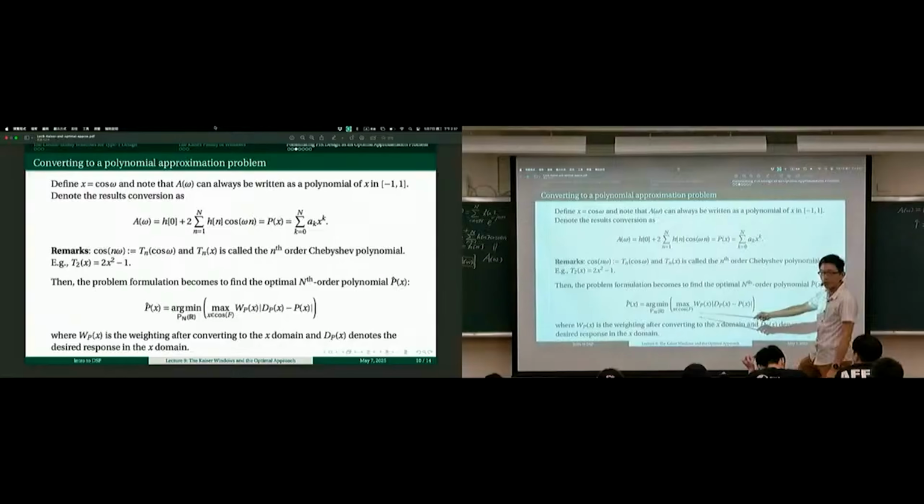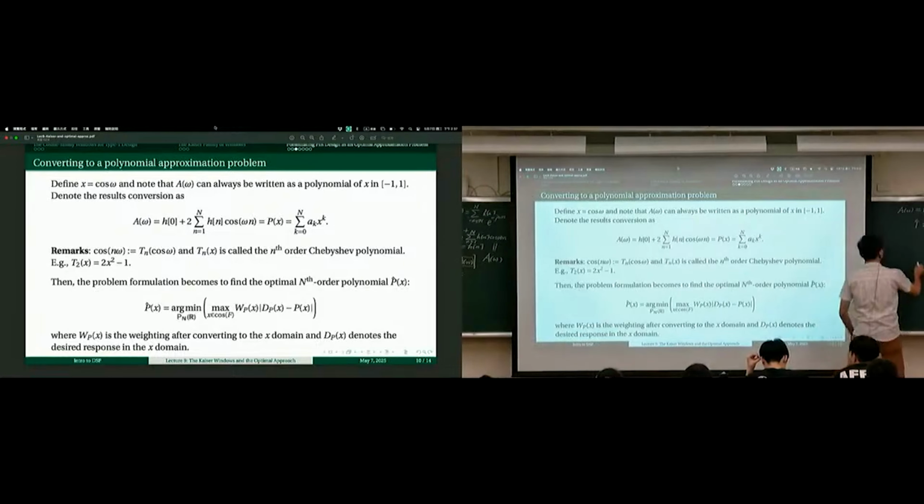I'm not sure if you've seen this notation. That's like a vector space. Here, p hat of x is the best polynomial, which is an argument which minimizes. That's the way I read it. An argument in the vector space of all nth order real coefficient polynomials.